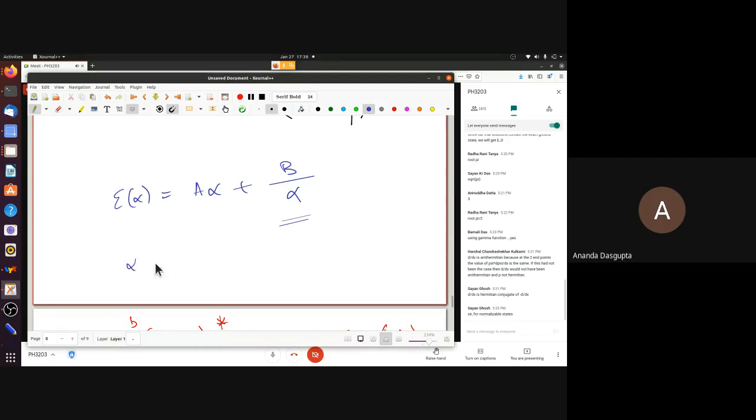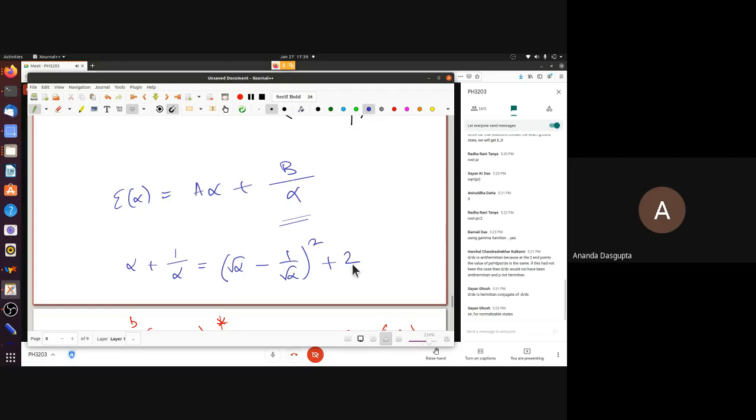So this hinges upon the fact that alpha plus 1 by alpha, for example, is... right. So now you have a perfect square plus a constant which is independent of alpha. So this one will actually be minimum only when root alpha is exactly equal to 1 by root alpha. That is, alpha is equal to 1 basically.